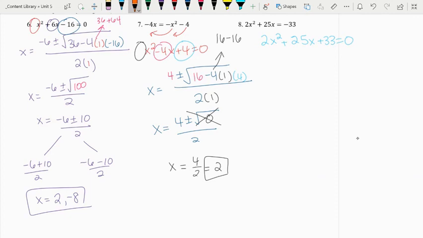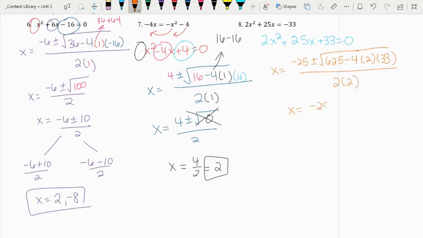And now we can do x equals the opposite of b, negative 25, plus or minus the square root of b squared, which is 25 squared, which is 625. I realized on my answer key I wrote 225, which was wrong. So we have 625 minus 4 times 2 times 33, all over 2 times 2.